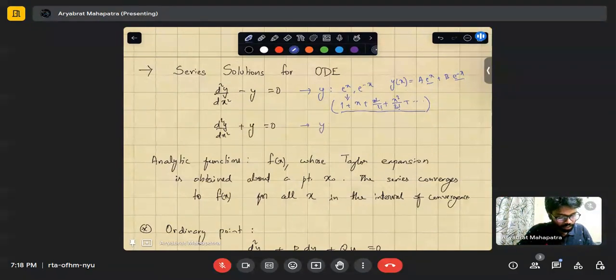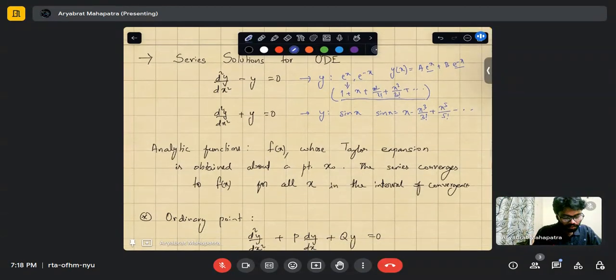It is the same way here also. We were getting sine x and cos x, and the expansion of sine x would be x minus x cubed by 3 factorial plus x to the fifth by 5 factorial and so on. So this is again another series.